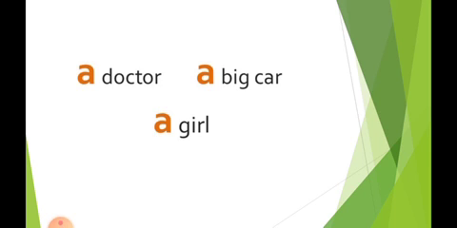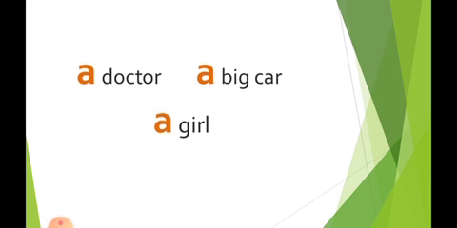Here, doctor is a noun and it is singular, meaning only one person. So, when there is a singular noun and D is a consonant, we have to use a before this word. And a big car.